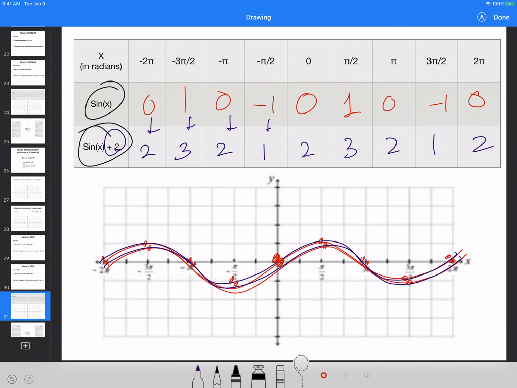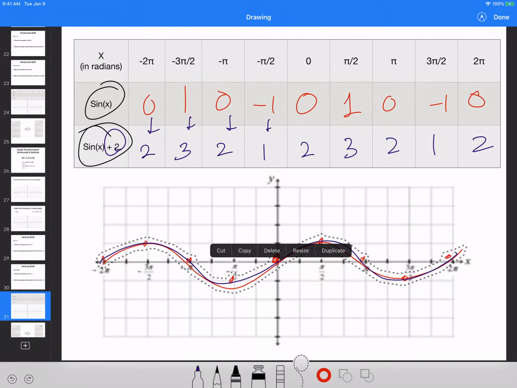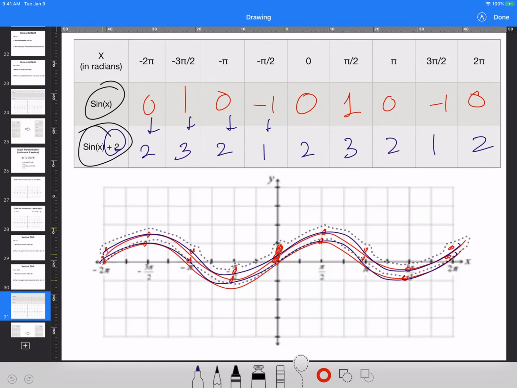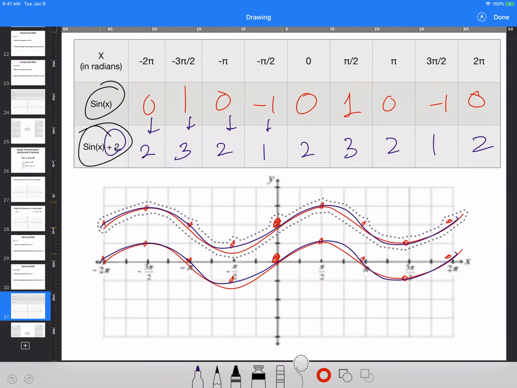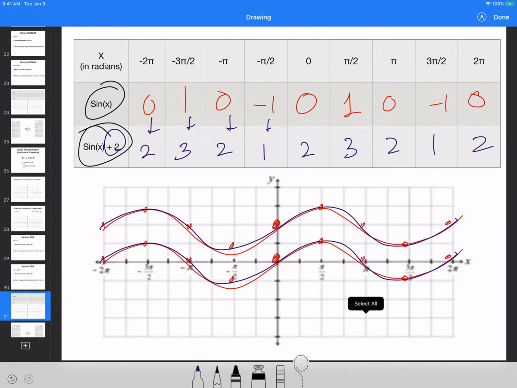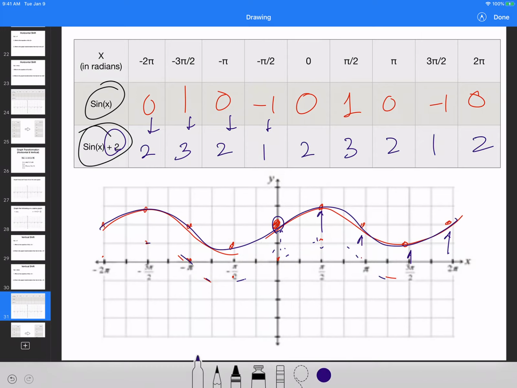So here I take this wave, and then I move it up 2. So all of these points have gone up 2. That's what's going to happen, and then you're just going to erase the original. This is the wave which represents sine of x plus 2.